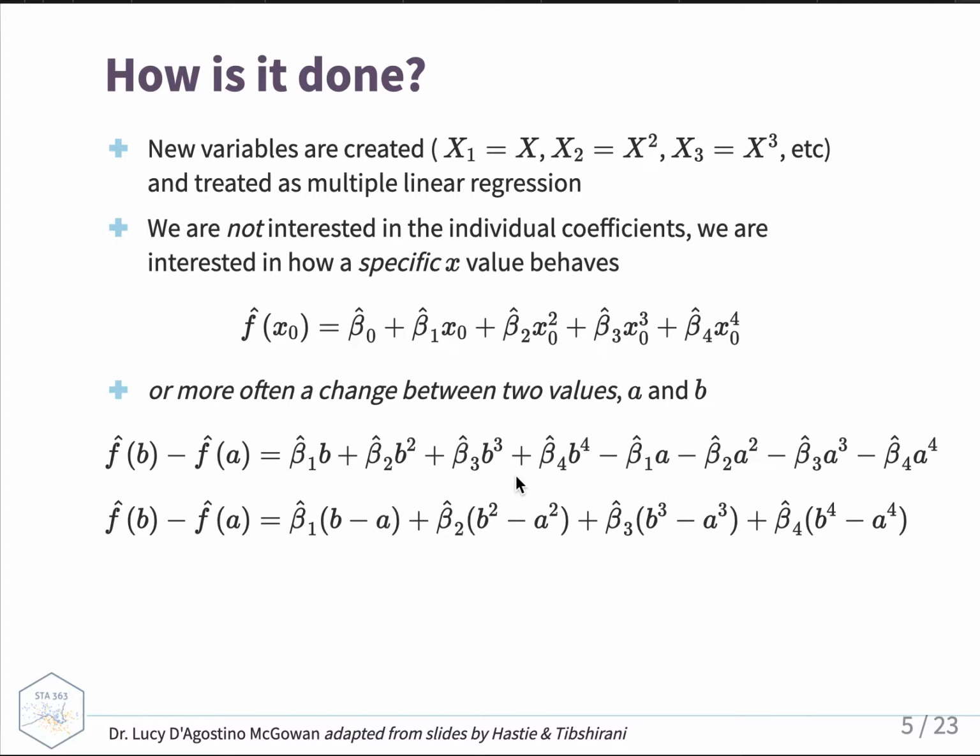I can rewrite this in what I think is an easier way to think about it: beta hat 1 times the change between b and a, plus beta hat 2 times the change in the quadratic terms, plus beta hat 3 times the change in the cubed terms, plus beta hat 4 times the change in the terms to the fourth power.